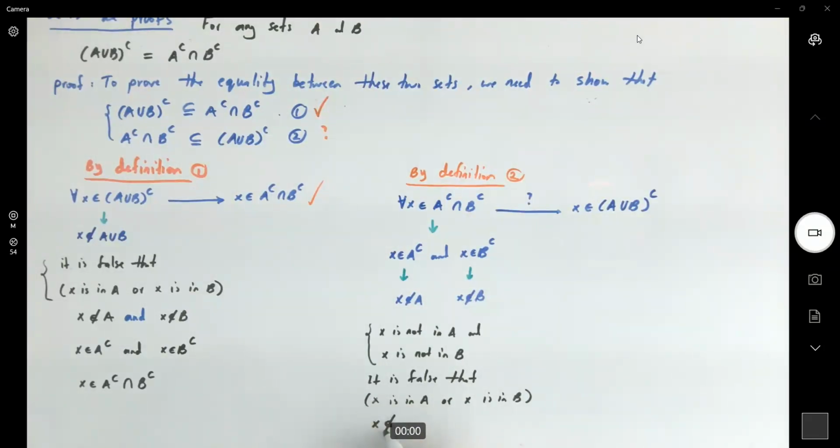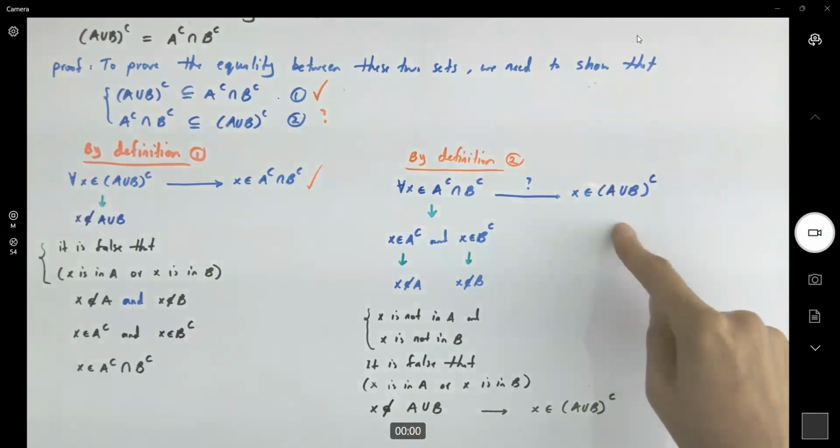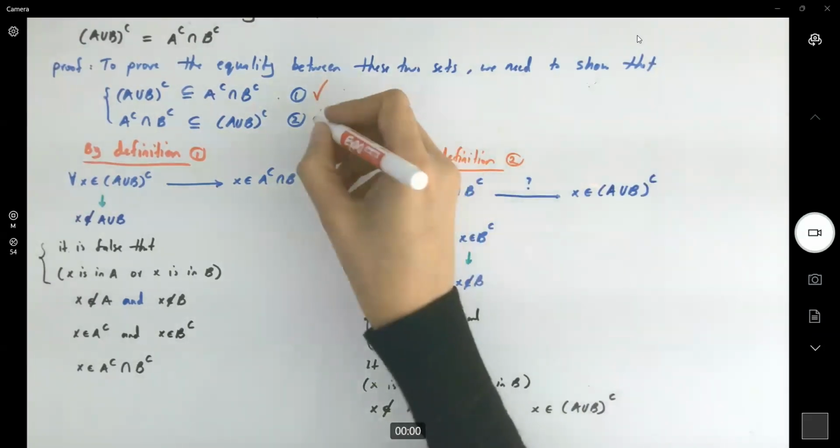X is not in A union B. We're using the or. So X is not in this set. It means that X belongs to the complement of the union. Which is what we try to prove here. So we're done with the second one as well.